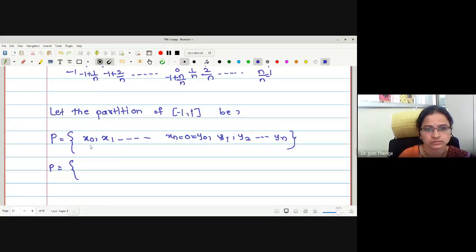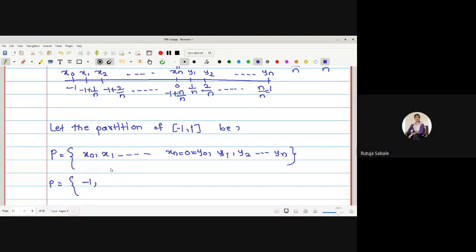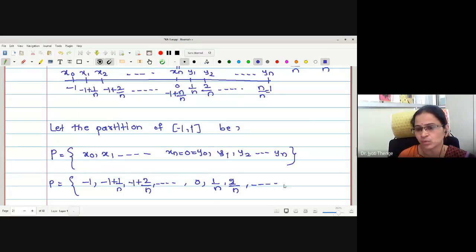Okay, let me write the points as well. What is this point x0? -1. x1 is -1 plus 1 by n. Let me write one more, -1 plus 2 by n, and continue up to 0, right? And after this 0, this is 1 by n, 2 by n and till 1.